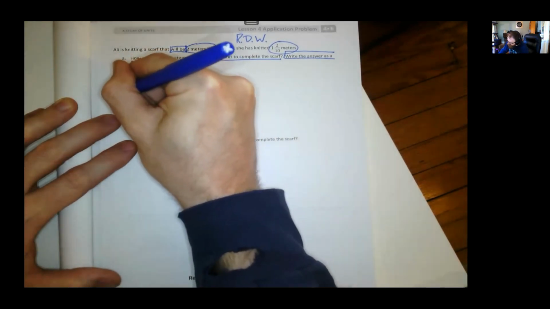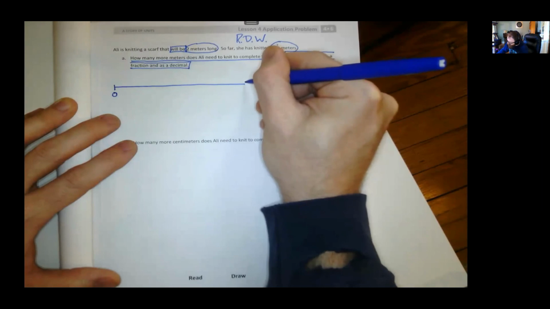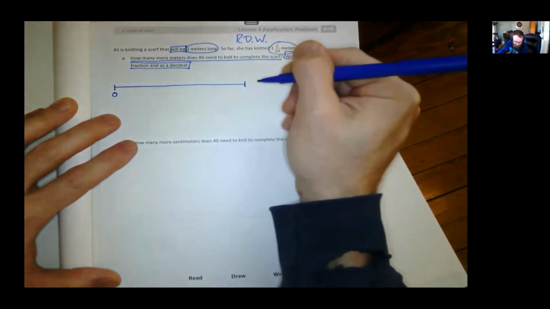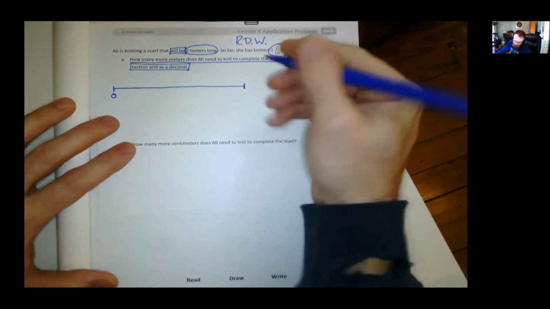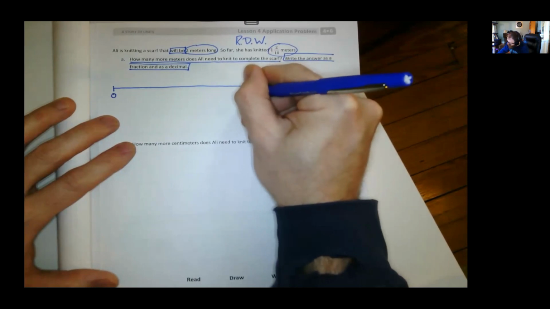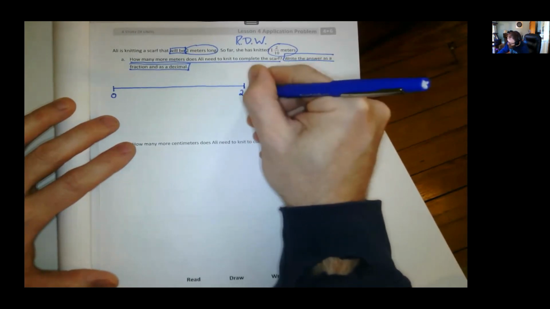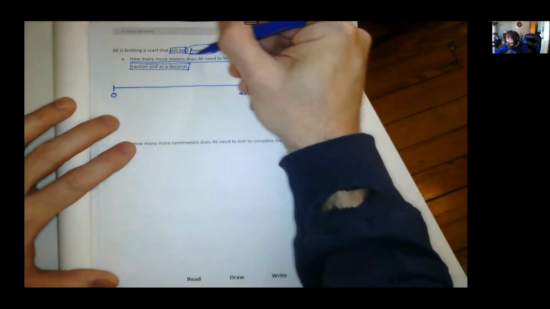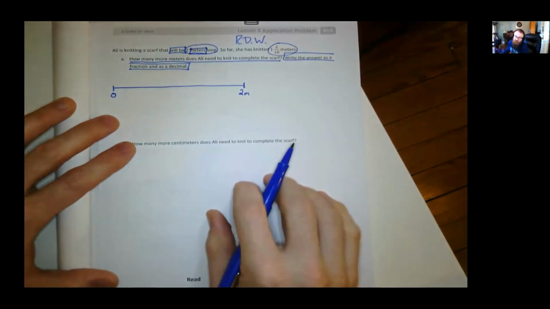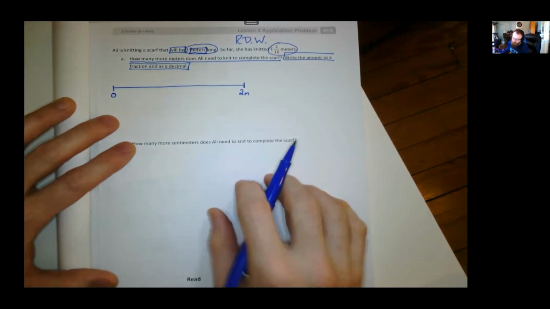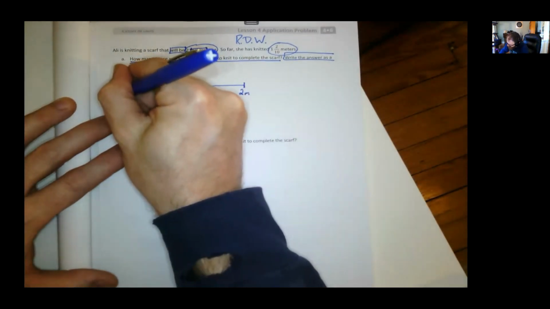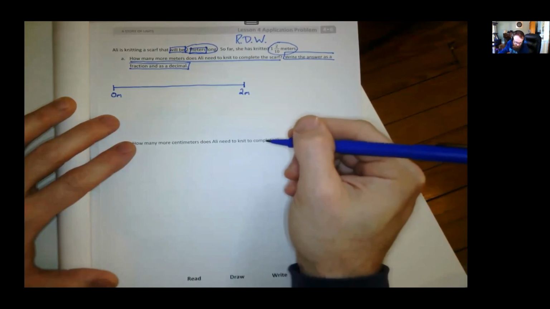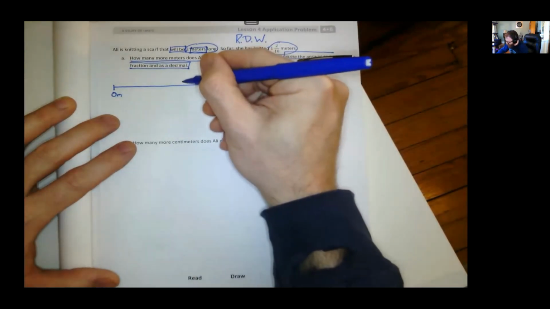We have 0 at the beginning of our number line, and we have 2 at the end of our number line, and our unit in this problem is meters, which is represented with an M, okay? So we have 0 meters, 2 meters, and in between we have 1 meter.